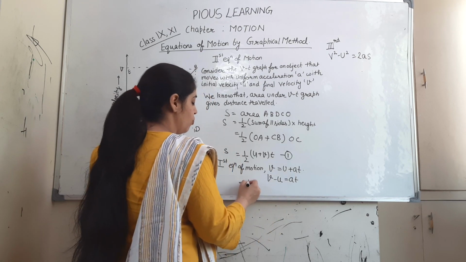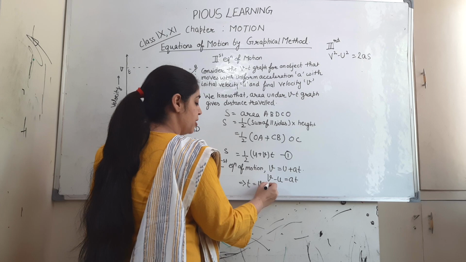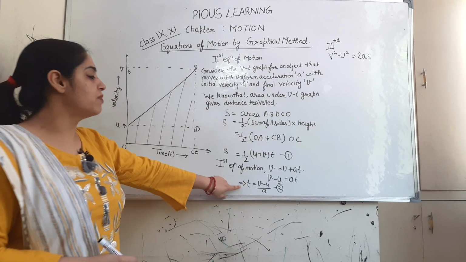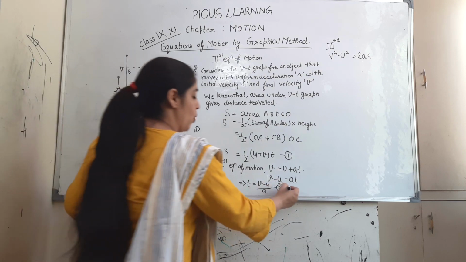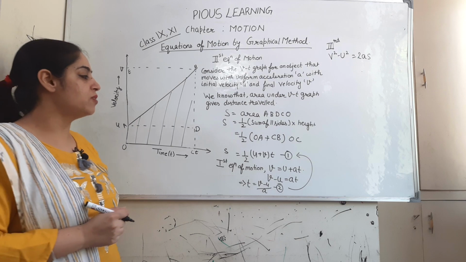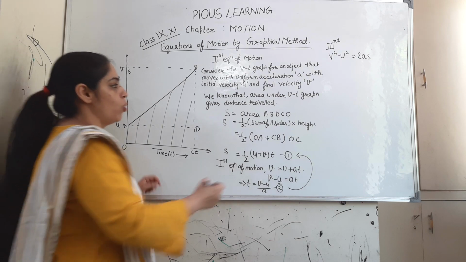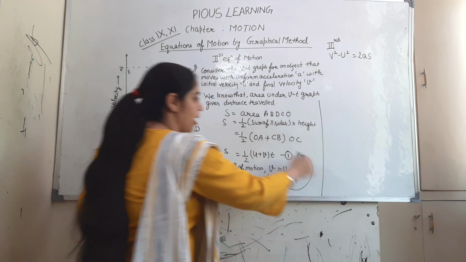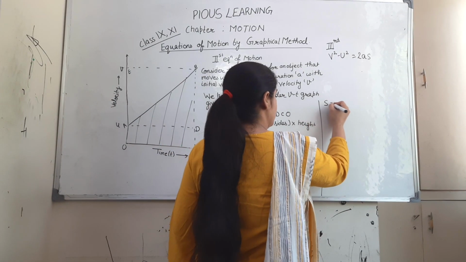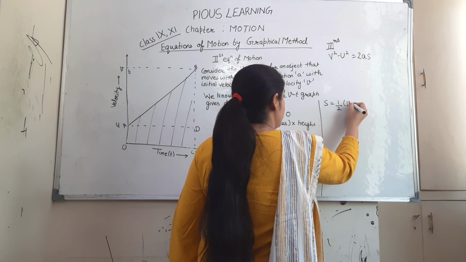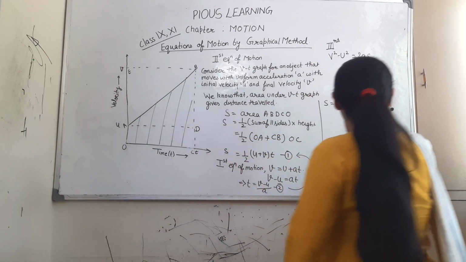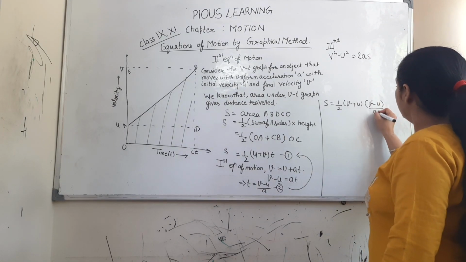I can write down T is equal to V minus U by A. Substituting this value of T in your equation number 1, I am writing on that side of the board. So I have S is equal to half V plus U into V minus U by A.